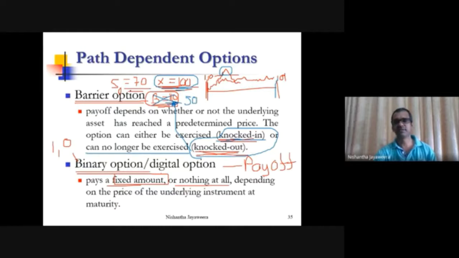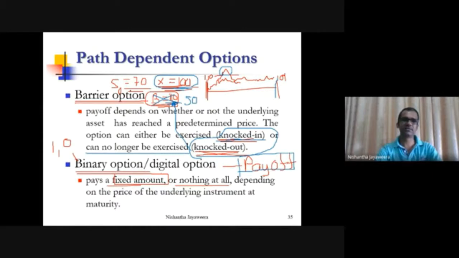The only difference is that it is based on the payoff. Payoff would be a fixed amount or nothing. Either you get $1,000 or zero. Whether your difference between market price and the strike price may be 1,500, still you get only 1,000. It may be just $1, but still you get 1,000.